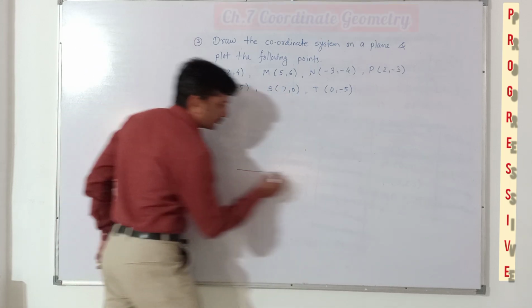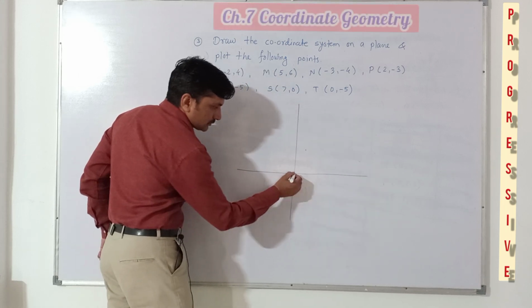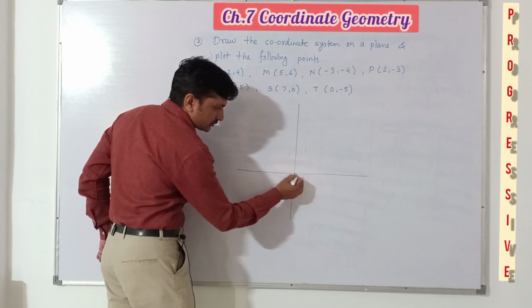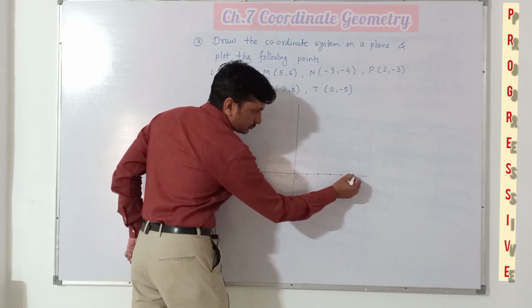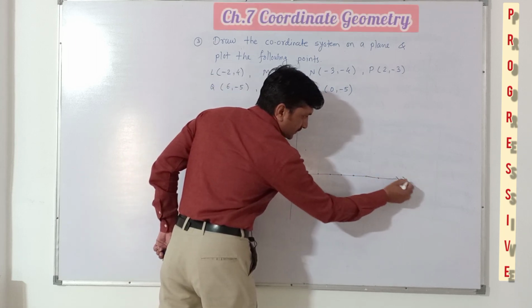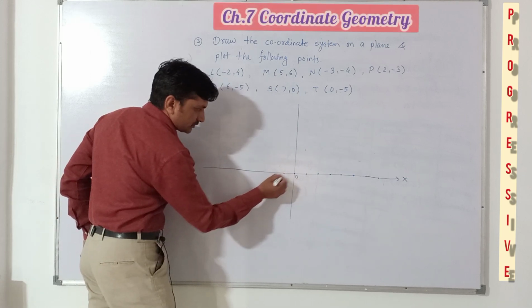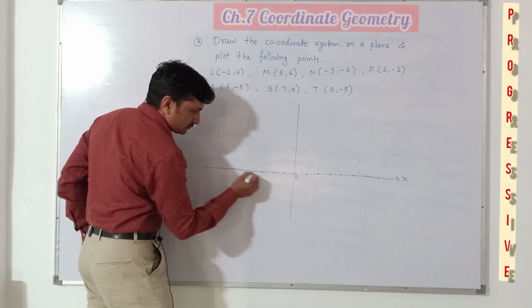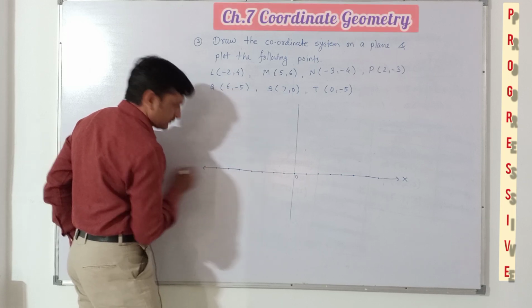Now here, origin 0 here, 1 2 3 4 5 6 and one more 7, x axis, -1 -2 -3 -4 -5 -6 -7.